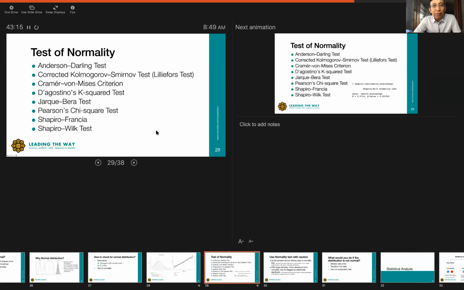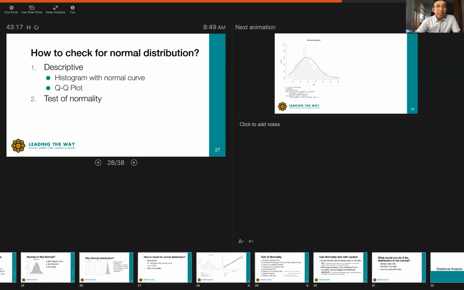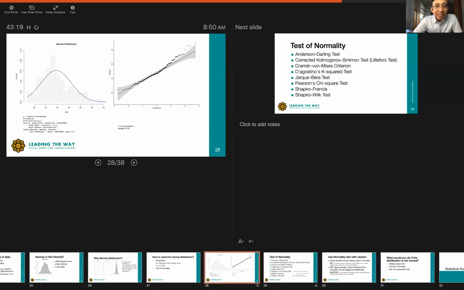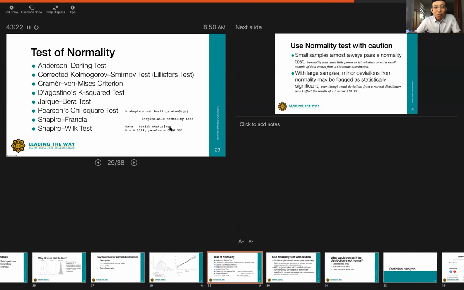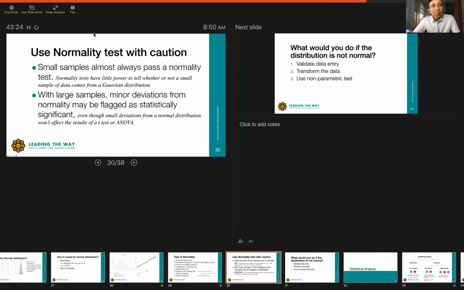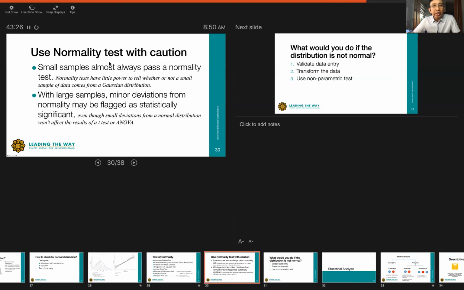Why I said I prefer this one, then this one? Because if you use normality tests like Shapiro-Wilk, like Anderson-Darling, like Jarque-Bera test, a small sample almost always passes a normality test. But in a large sample, a minor deviation can flag the data to be not normal.